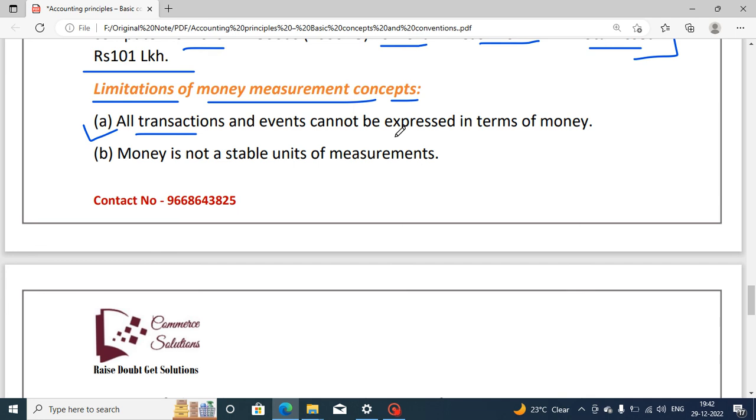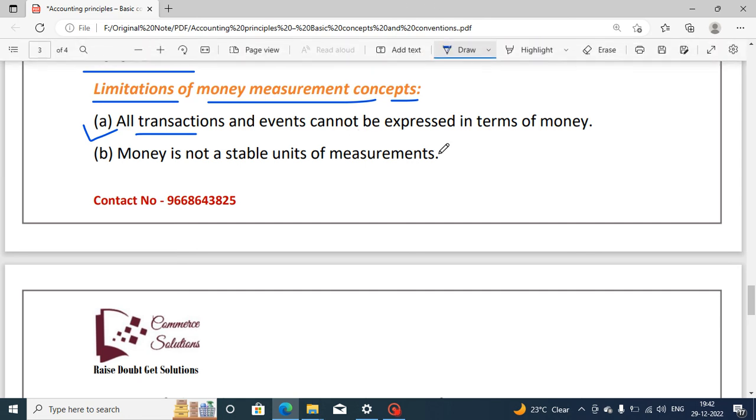If they are sick, who will manage the business? The business can be wound up. So this is a very important thing, but we cannot measure it in terms of money. Since we cannot measure it in terms of money, we cannot record it in financial reports. That's why it is a drawback.